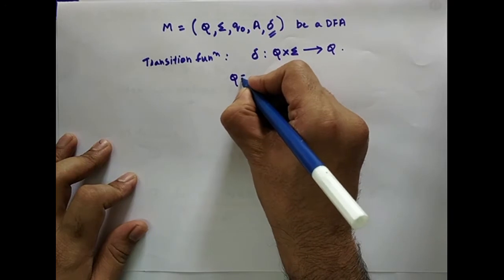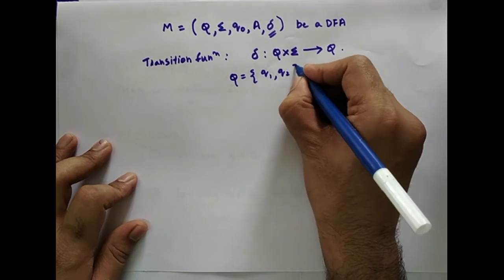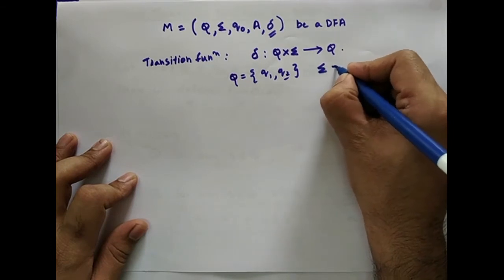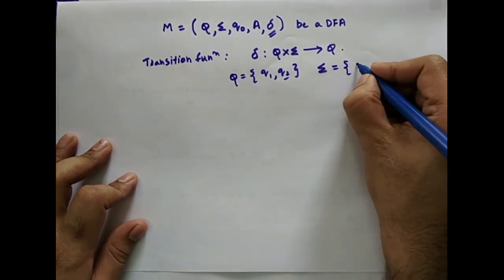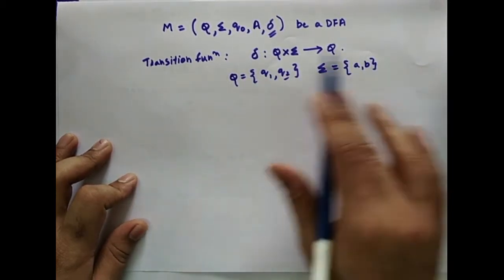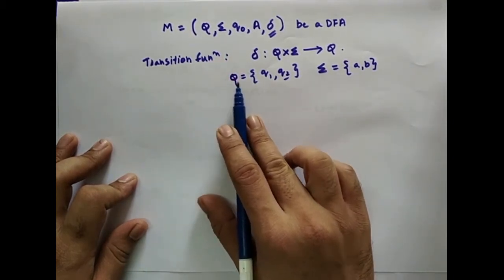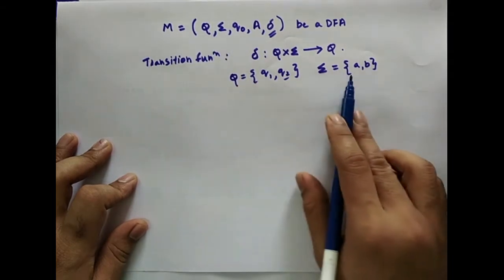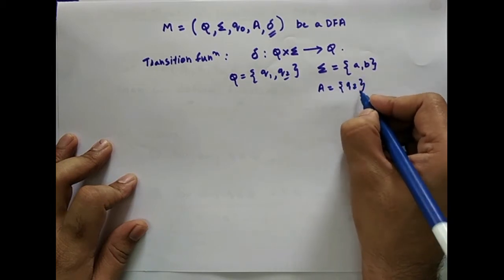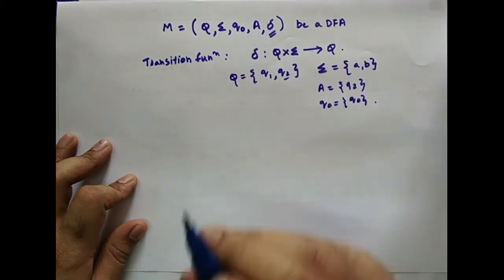Suppose the set of states is Q1, Q2, only two states, assuming that Q2 is the final state, and suppose the alphabet set over which this DFA is defined is A comma B. Then how will you define the transition function for this DFA? Assume the final state is Q2 and the initial state is Q1. We are now going to define the transitions.